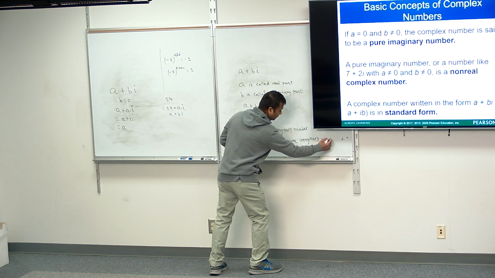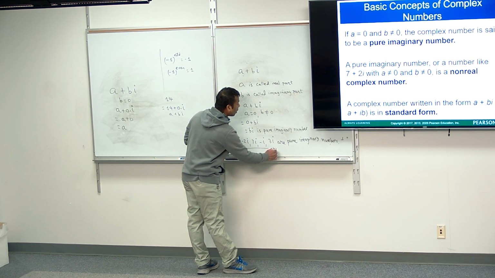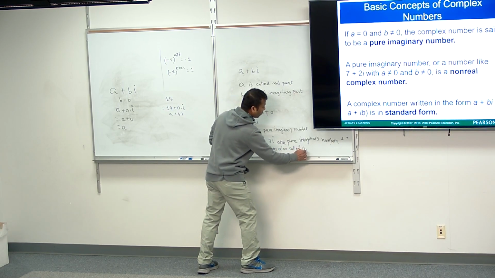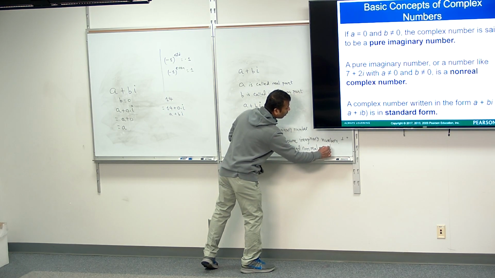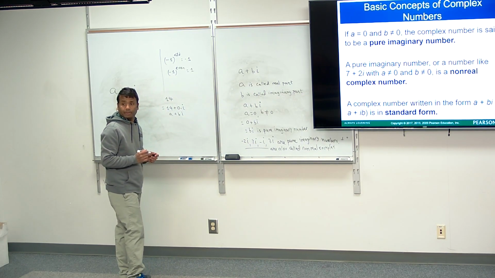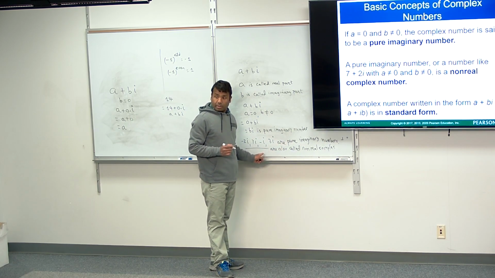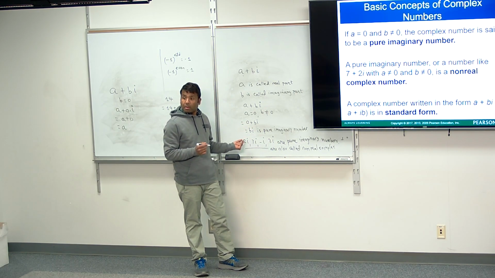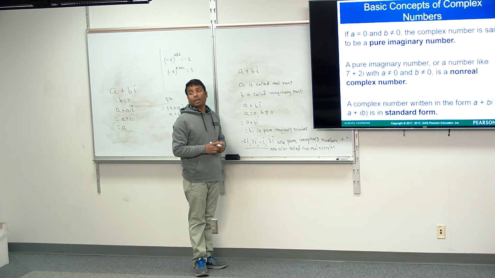Are you guys with me? And they are also called non-real complex numbers. Okay? Are you guys with me? So they are pure imaginary numbers. They are also called non-real because the real part is 0. You see what I'm talking about? The real part is 0. So that's why they are non-real complex numbers.